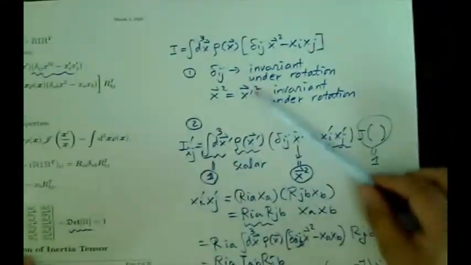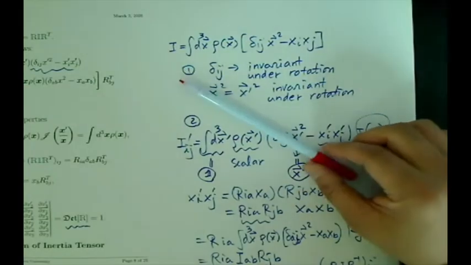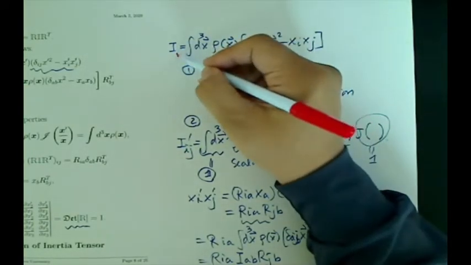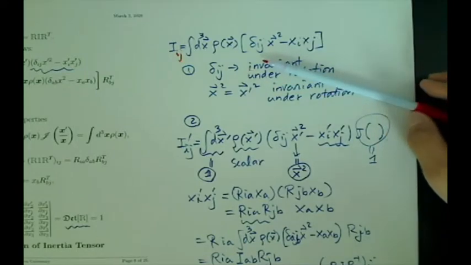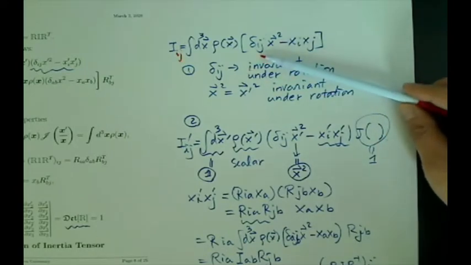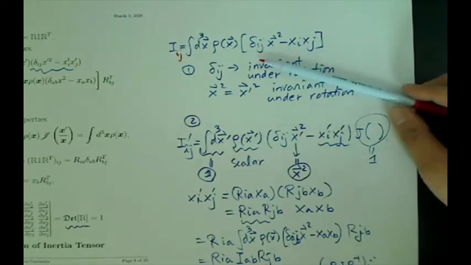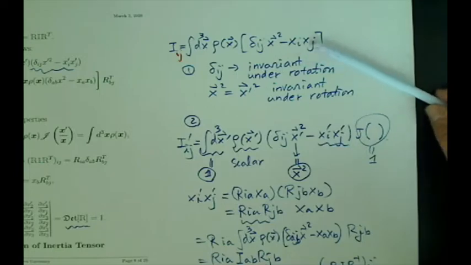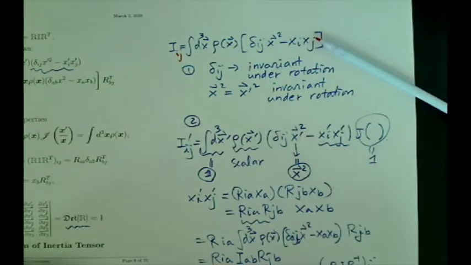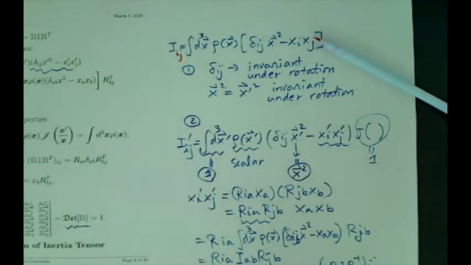Suppose that we have the inertia tensor defined in a coordinate system. We remember that delta_ij is the rotationally invariant rank 2 Cartesian tensor, and x squared is invariant under rotation, and we have x_i and x_j, which have the property of rotation.